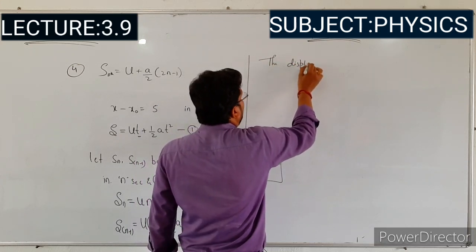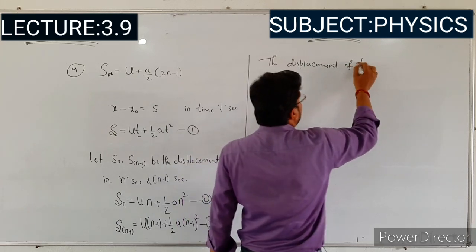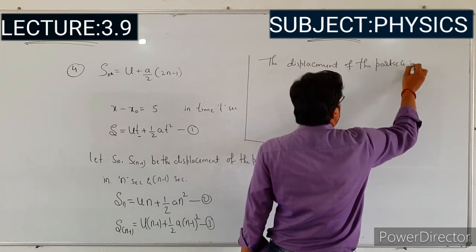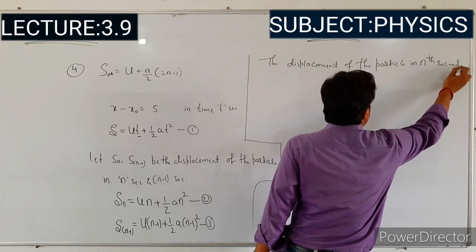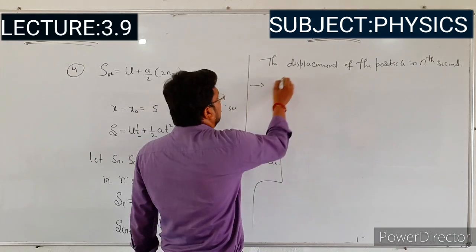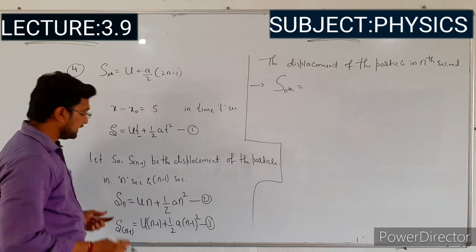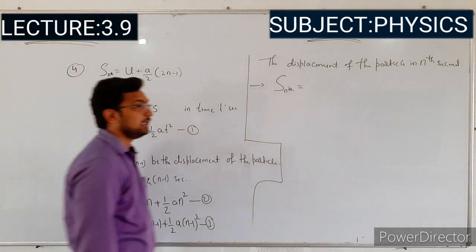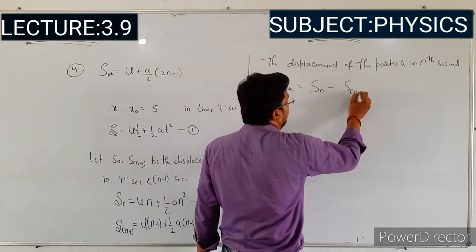The displacement of the particle in nth second is equal to the displacement in n second minus the displacement in n minus 1 second, that is Sn minus s of n minus 1.